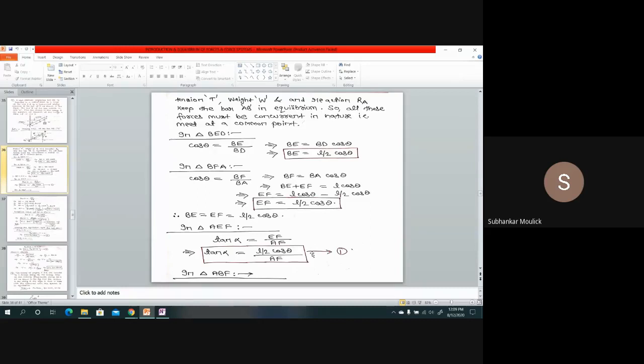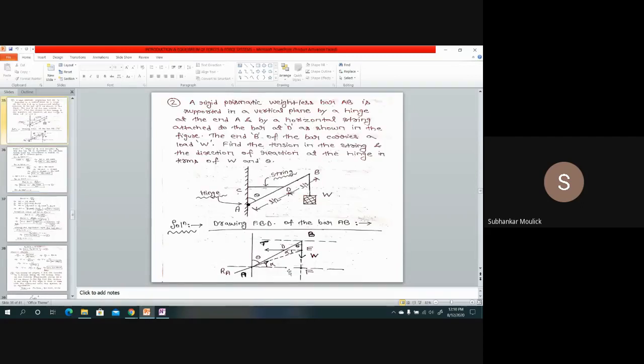Is it clear? BF is equal to L cos theta. If BF is L cos theta, we know that BF is equal to BE plus EF.